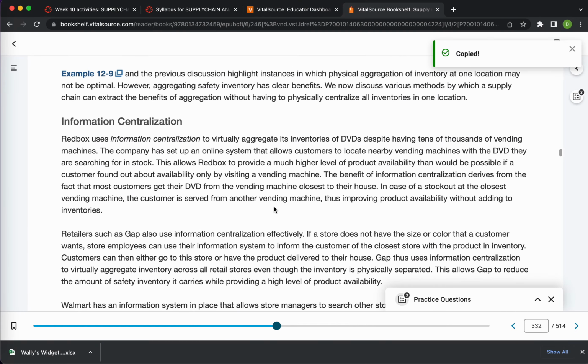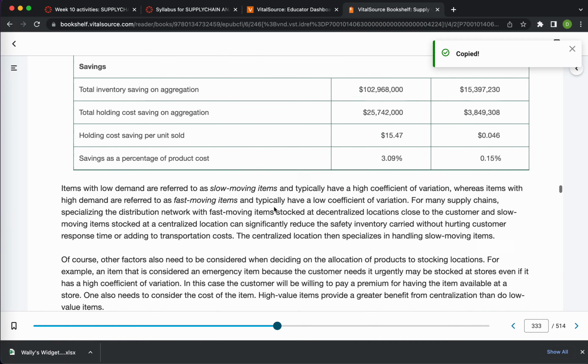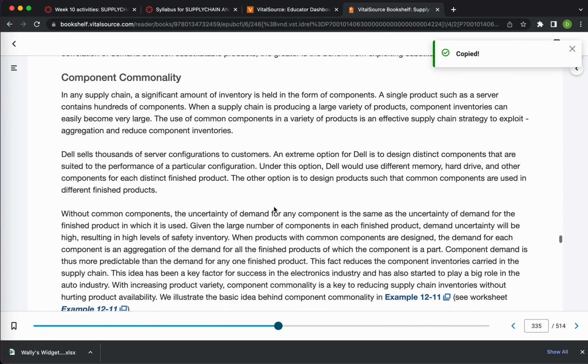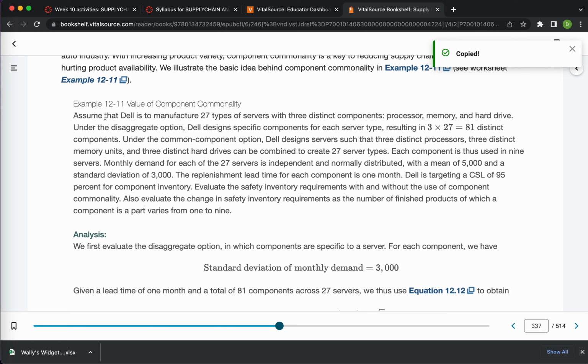Let me quickly show you the example here. Component commonality, right? Assume that Dell is to manufacture 27 types of servers with three different components. You have processor, memory, and hard drive. Those are the three big components in any server.